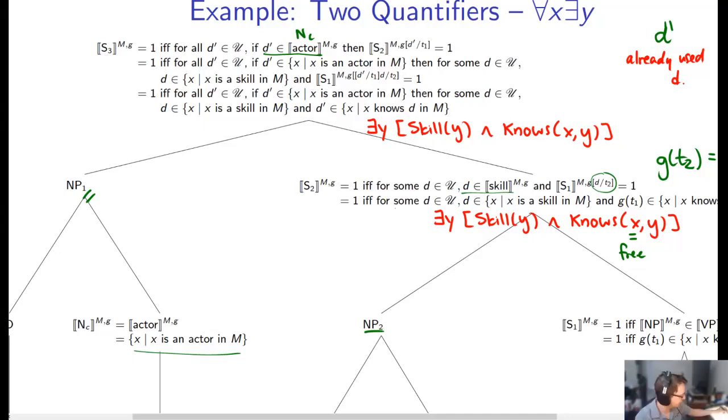Then S2, which is the child there, is true where d prime is replacing t1. And again, we're replacing t1 in this case because we're dealing with np1. So np1 and t1, these are linked, so we know which one we're replacing.